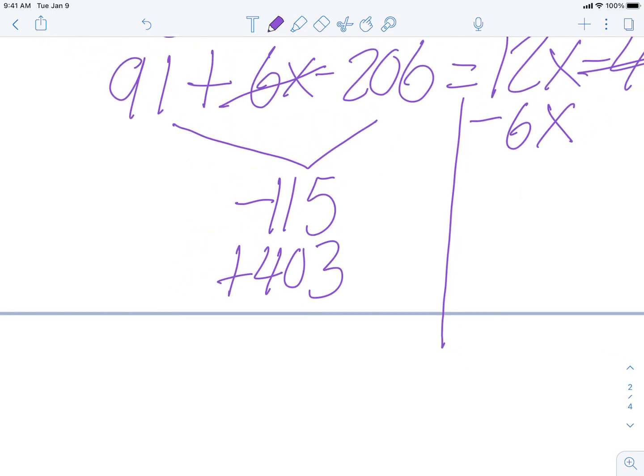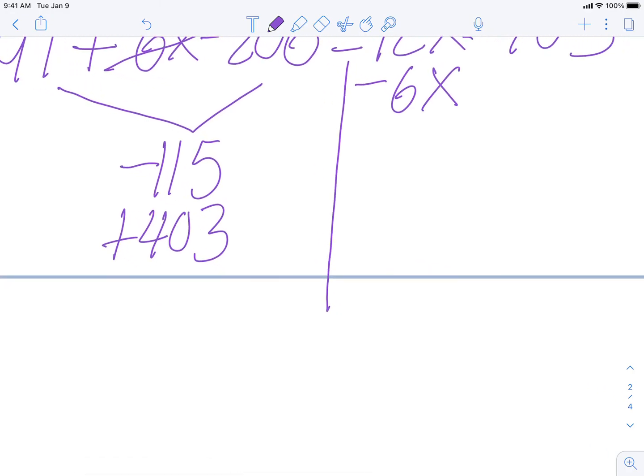So these two are different signs, right? Different signs mean subtract. So 403 minus 115 is 288, and it's a positive because 403 is positive, bigger than 115.